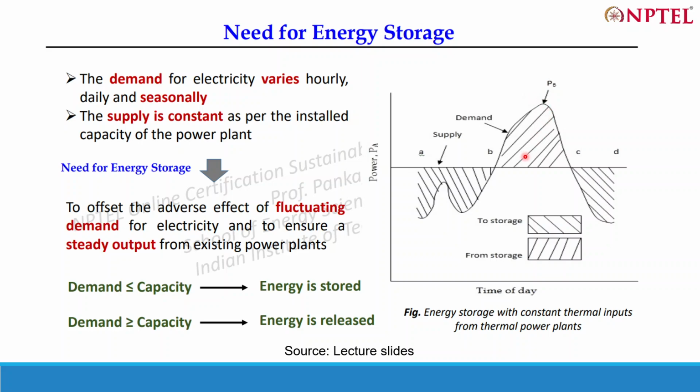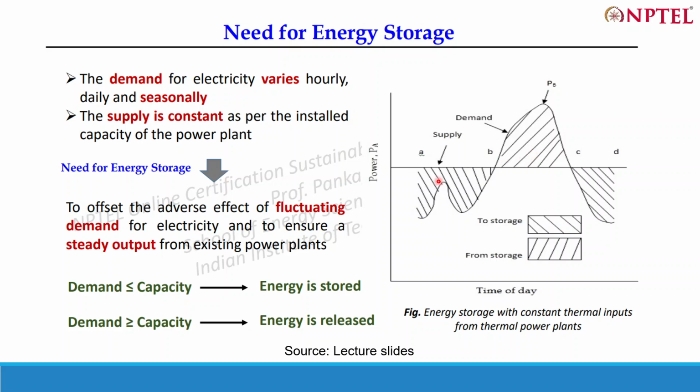Then in the evening the demand is there, and during the night the demand goes down. This is how the energy demand curve varies, and because of this we need to have energy storage.